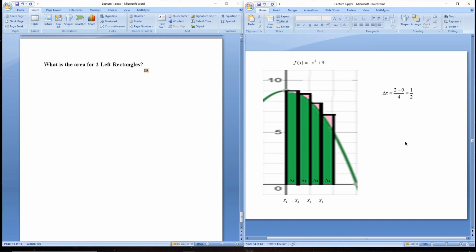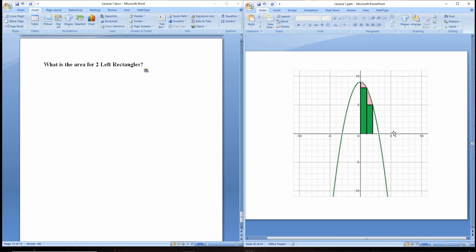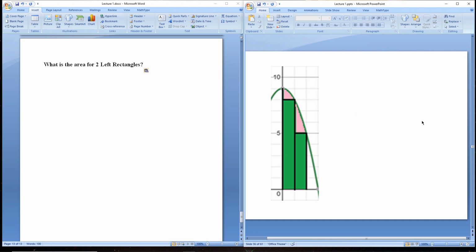So let me adjust the graph over here to our left rectangles. So here is our left rectangles from previously, and I am going to zoom in on this so that we can see a little bit better detail here. Here's our 2 left rectangles, the pink area representing the underestimate here, the area the rectangles aren't filling in.